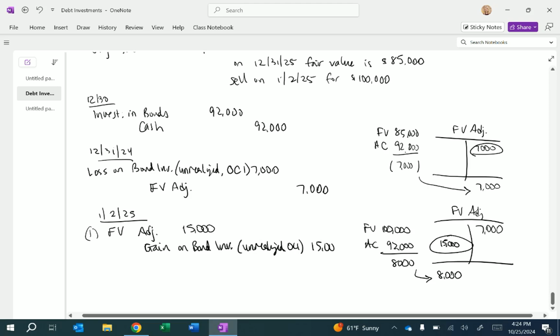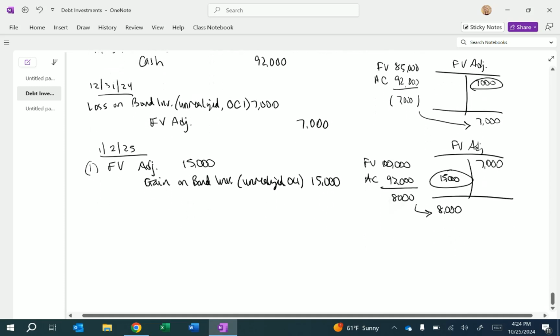That was the first entry. The next one is this reclassification entry. So what we want to do is take the full amount that was in other comprehensive income. 7,000 loss, 15,000 gain. We have a net increase, a net gain in the accumulated other comprehensive income. To wipe that out to zero, we need to debit to reduce. And we're going to do that in the account reclassification adjustment, parentheses OCI.